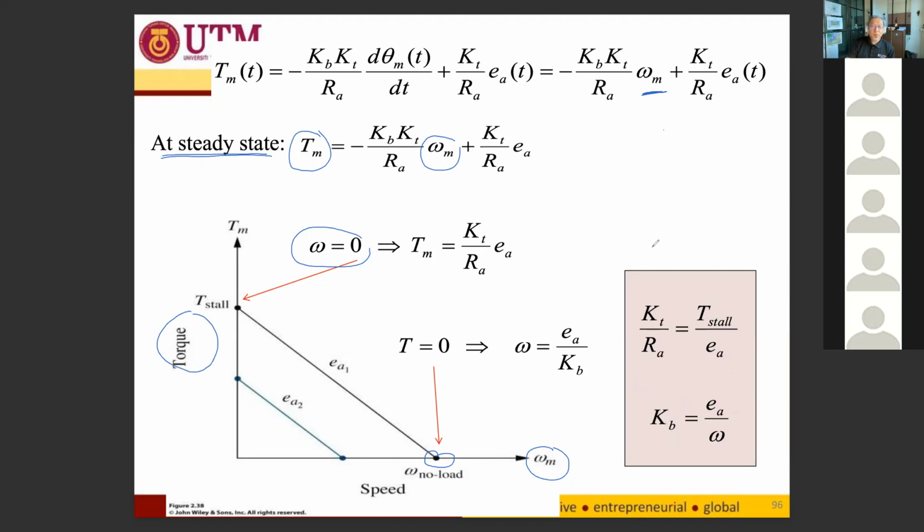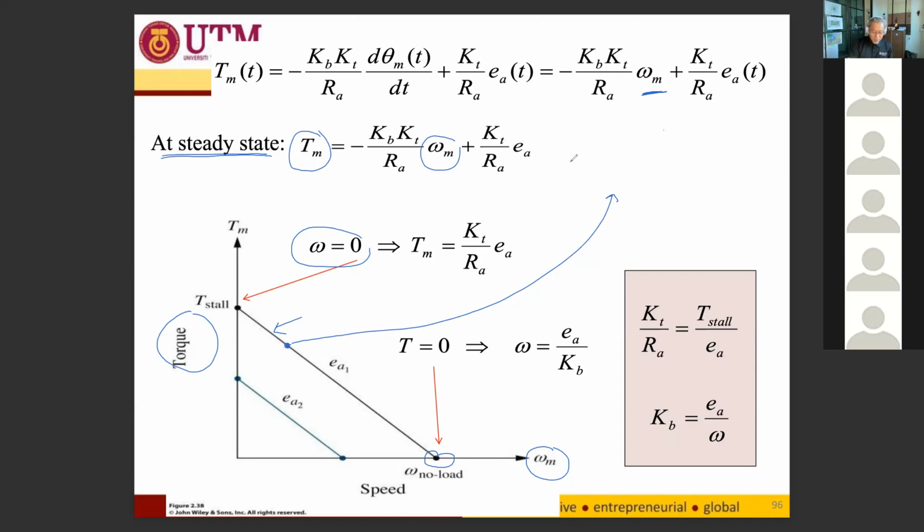What is the mathematical equation for this curve? Y equals mx plus c. Hello? The line is not good.